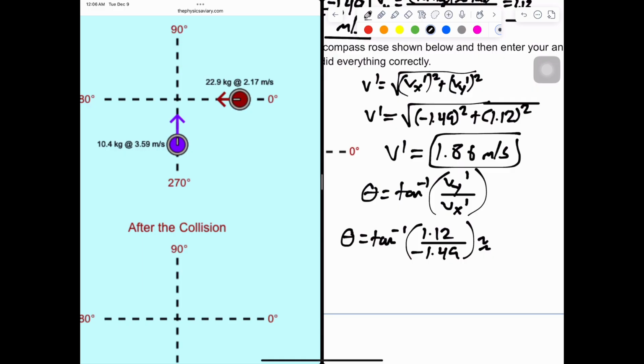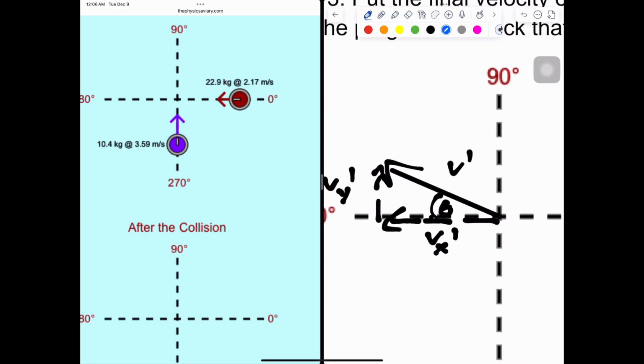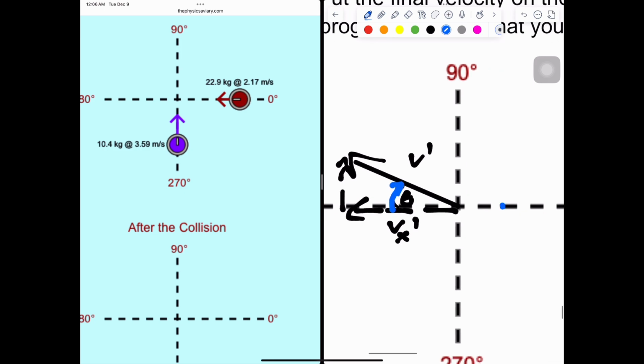So 1.12 divided by negative 1.49. Divide those, got that, arctan. Okay, so I'm getting negative 36.9 degrees, and that makes sense because this angle here is going clockwise. Clockwise angles go negative.